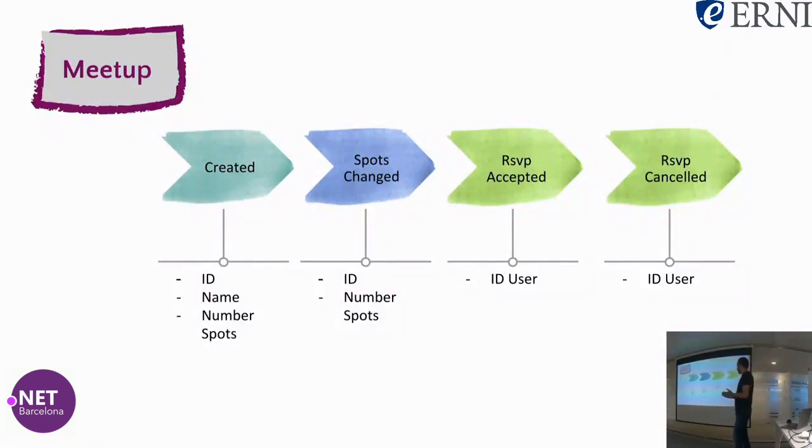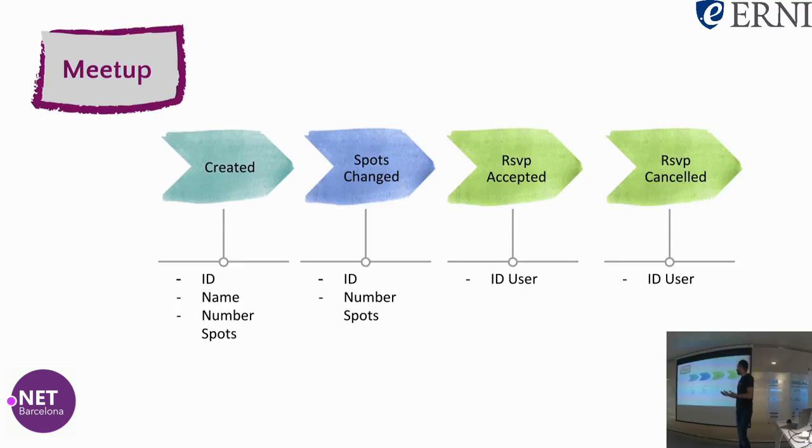So, now I'm going to show a little bit how we work with event sourcing in a more technical way. This is a little example we created. We have a meetup system, and we have a string of events. These events are ordered in time.